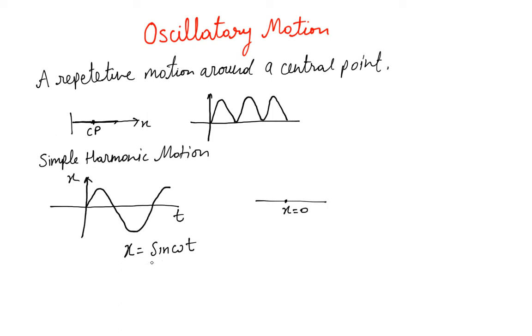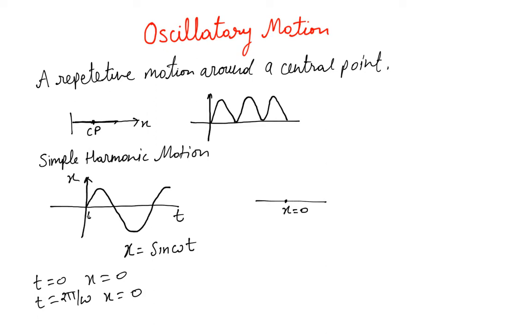Okay, but what we can see from here is that if t equals 0, then x is also 0, because sine 0 is 0, same as here. And when t equals 2 pi divided by omega, x is 0 again.